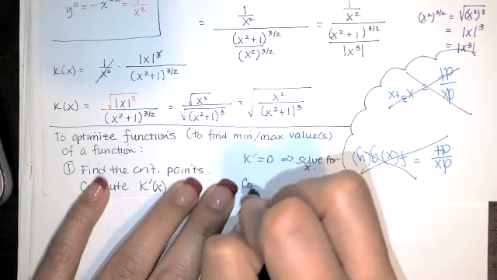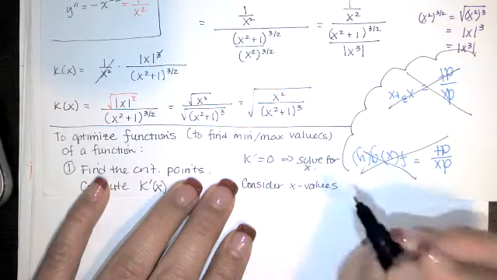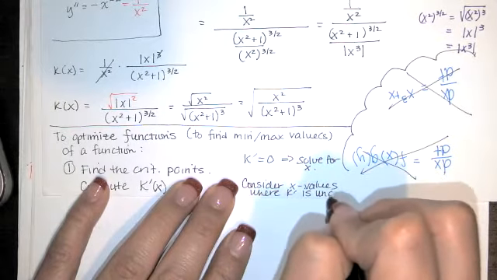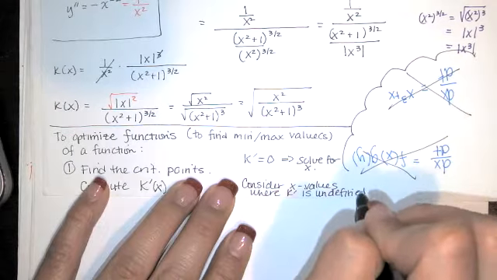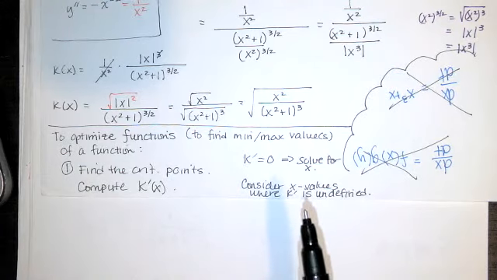And then consider x values where k prime is undefined. x values where k prime is 0 are potential minimum and maximum values of k, and x values where k prime is undefined are potential minimum and maximum values of k.